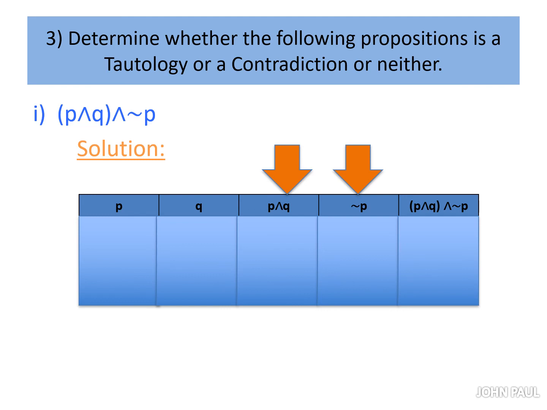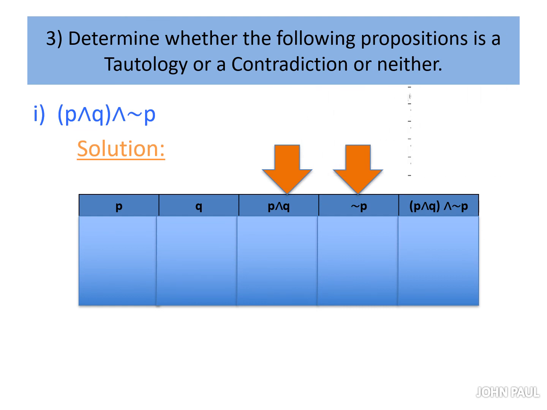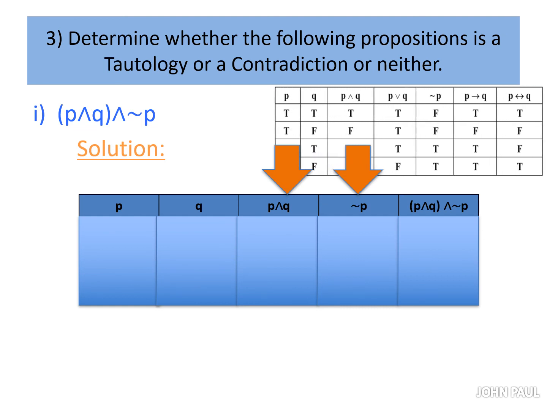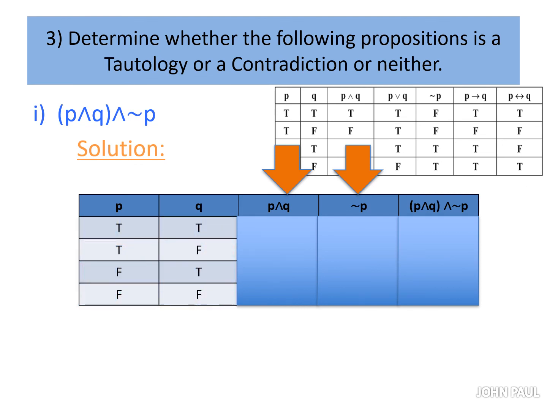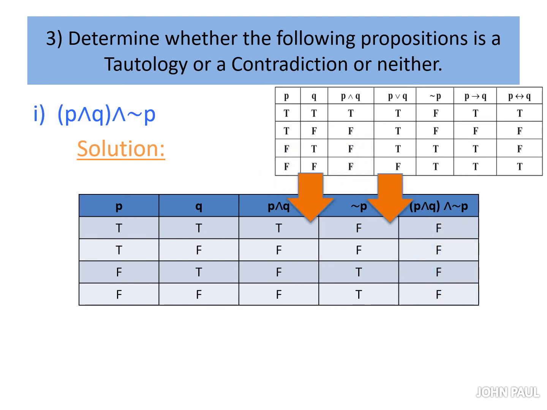Now we have seen in the previous video this truth table. The truth table I have given here, this is data. We should know this truth table to solve the problems. By using that, we can write the value of P, Q, P and Q, negation of P. Then by using both these columns, we can write the last column.